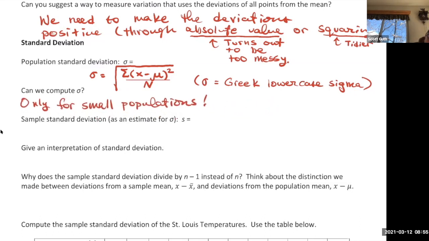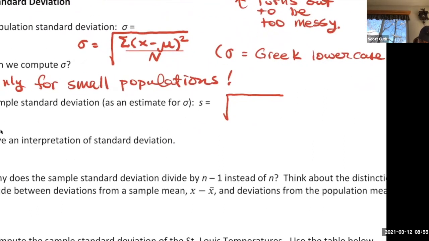The sample standard deviation has a similar formula. I'm going to take deviations, because you won't know the population mean either, from the sample mean. So instead of x minus mu, we do x minus x bar, and then we square that. Then you would divide by the number of values.